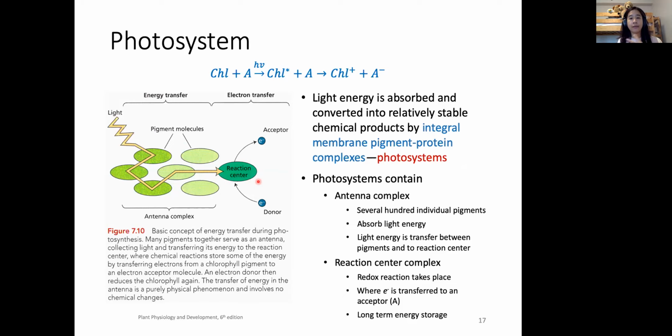Photosystem 1 needs light energy at 700 nanometers. Photosystem 2 needs energy at 680 nanometers. Alright, I will stop this video right here and we will continue with the electron transport chain in the next video.